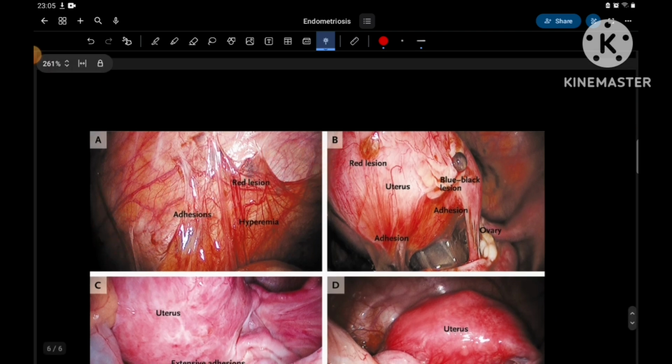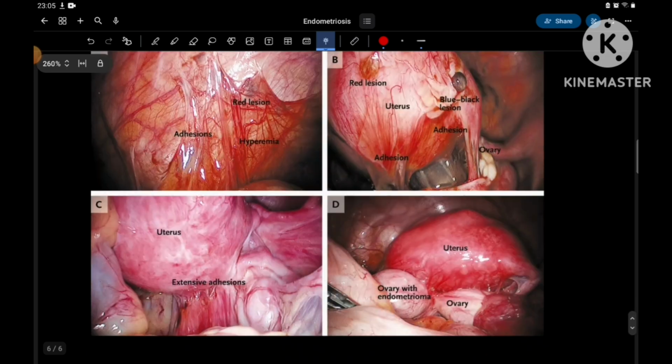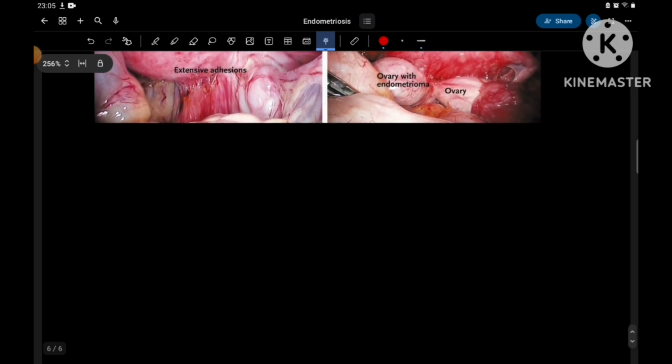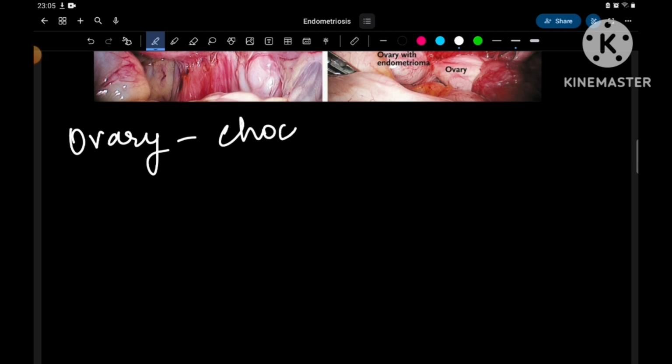And in peritoneum there will be quite a lot of lesions. Yes, I'll just write it, guys. See, what are the important peritoneum findings? In ovary, you will see chocolate cyst.